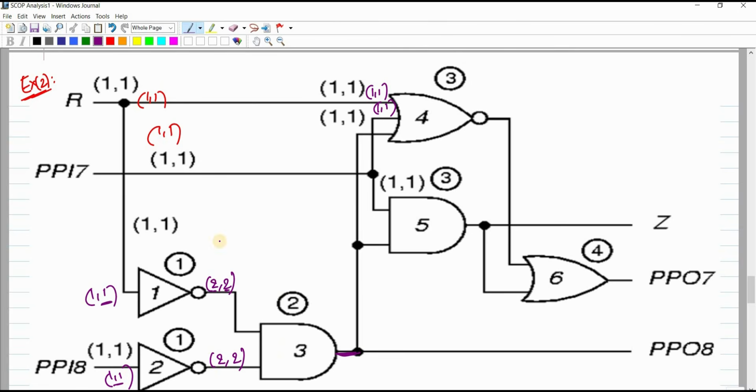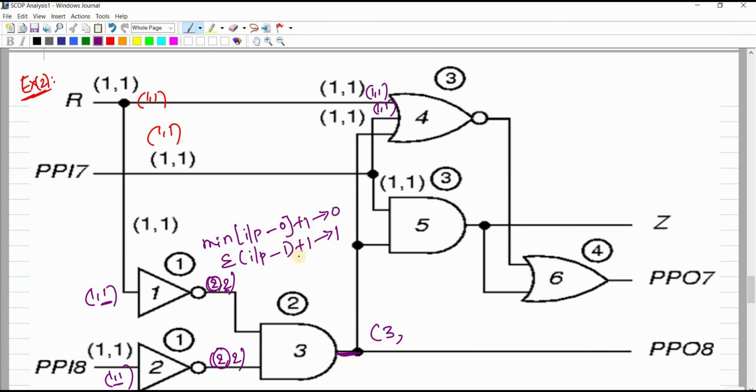So what is the formula according to the table? For 0 controllability, the formula is minimum of input 0 controllabilities plus 1. For 1 controllability, sum of input 1 controllabilities plus 1. That means minimum of input 0 controllabilities, these are the input 0 controllabilities, minimum of 2, 2, 2 plus 1, 3.